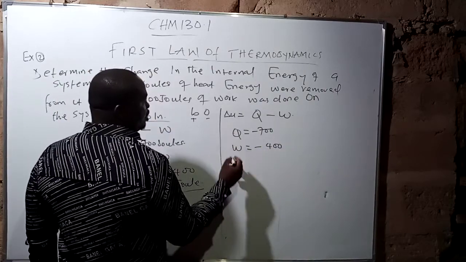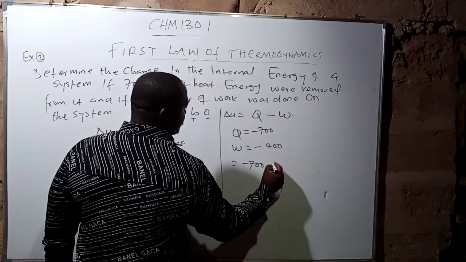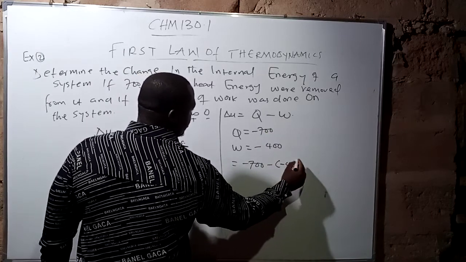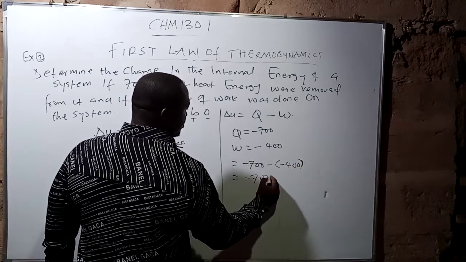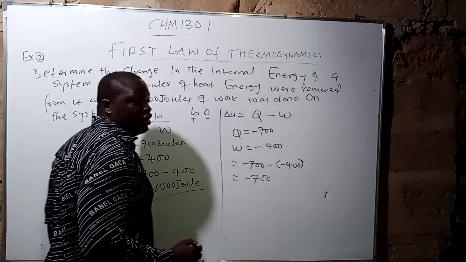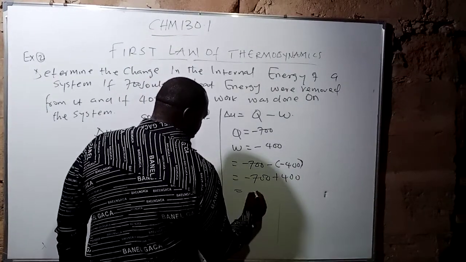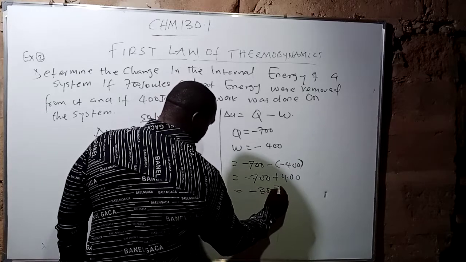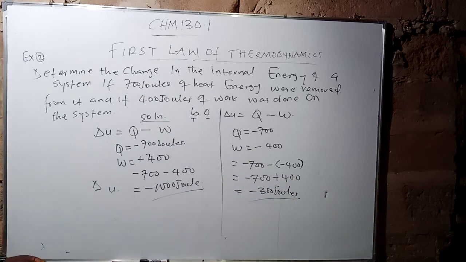Now insert it into this formula: you have minus 700, we have minus in the formula already, minus minus 400. Minus times minus gives you plus, so you have plus 400, and that gives you minus 300 joules. So please note the difference.